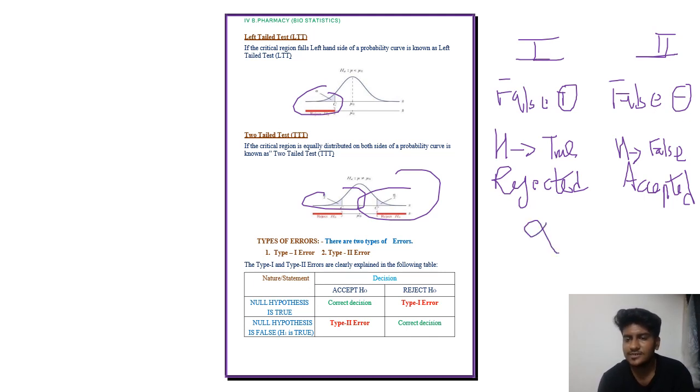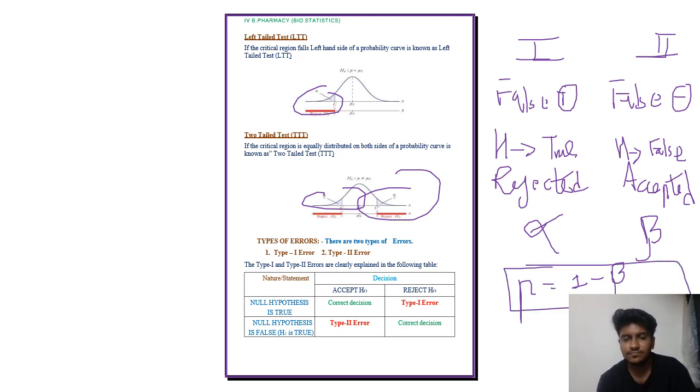Type 1 is represented by alpha and type 2 is represented by beta. So beta can also be useful in testing the power of a test. The higher the power of a test, the lesser the chances of type 2 error occurring, right? So power is equal to 1 minus beta. So you can see hypothesis is true and accepted, that's a correct decision.